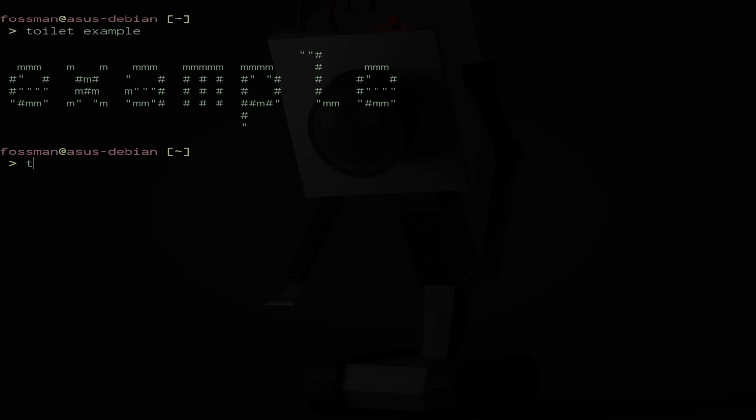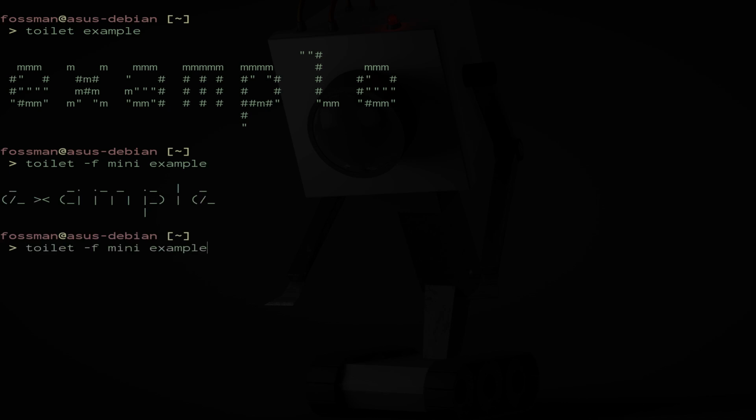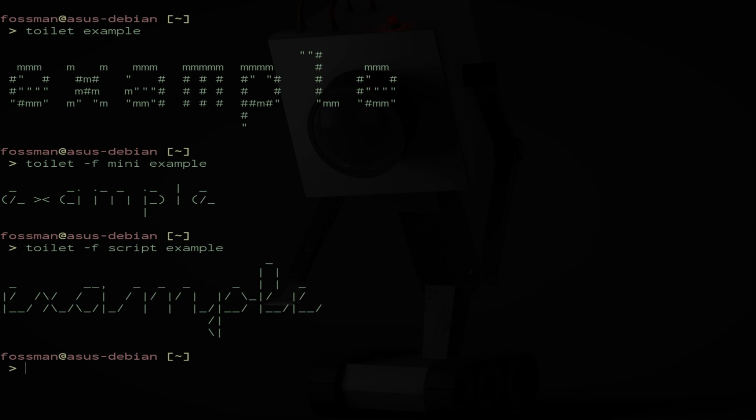So I'll say toilet -F and say, I guess, mini, and then example. Yeah, and there it is in the mini font. And maybe let's try once more with script. Yeah, it looks like script, at least close enough to the version of what ASCII Art would give us.